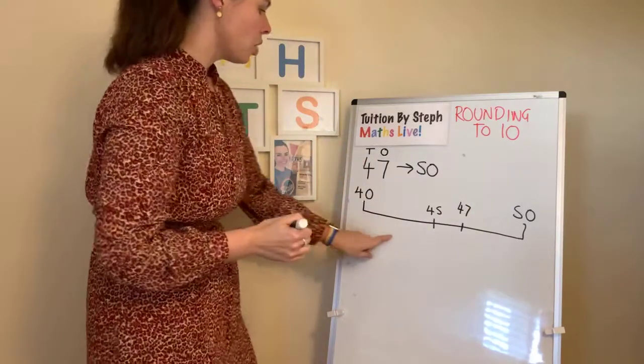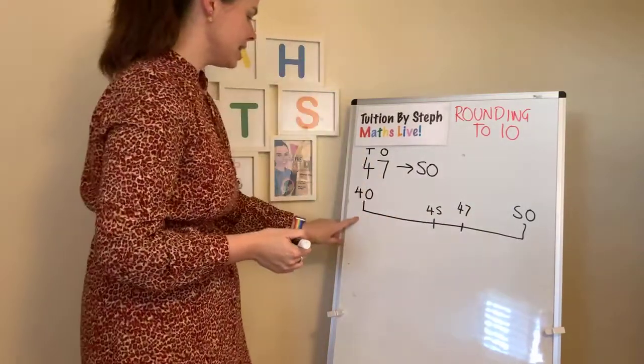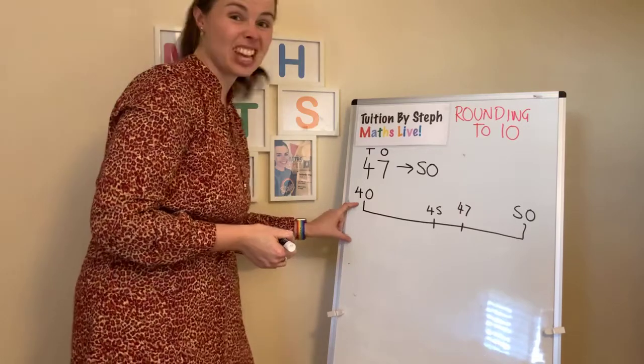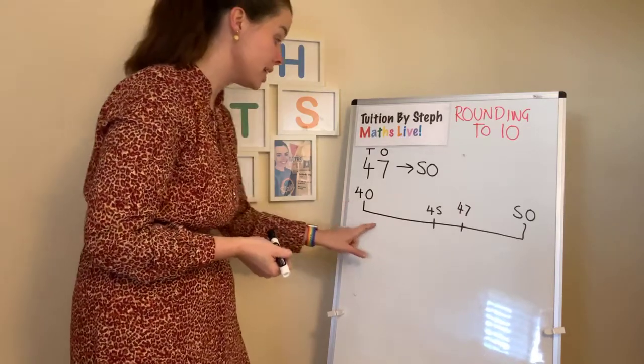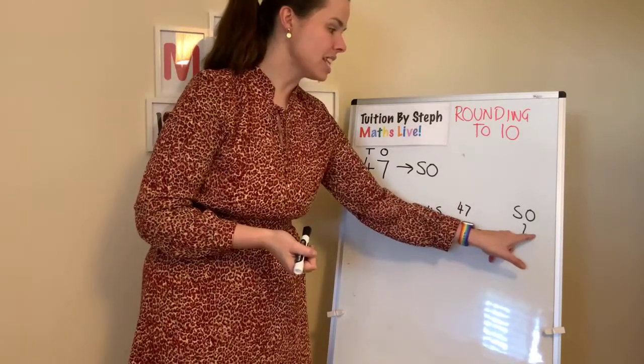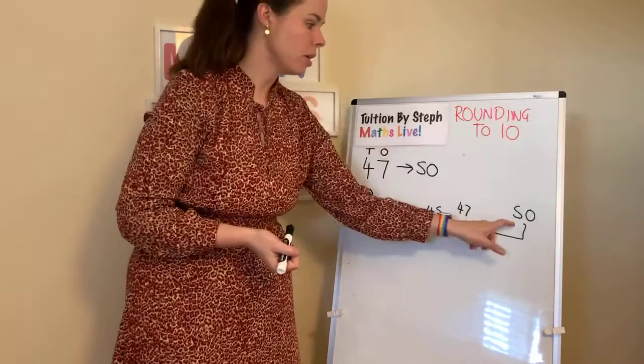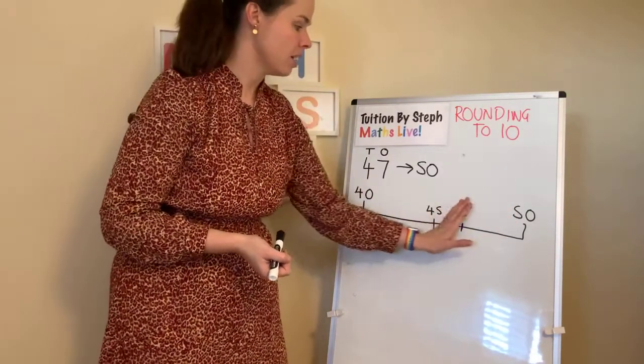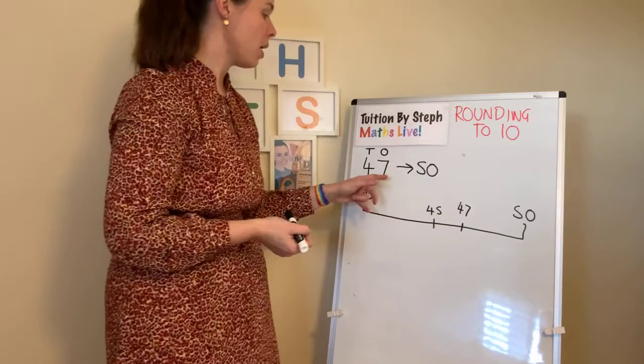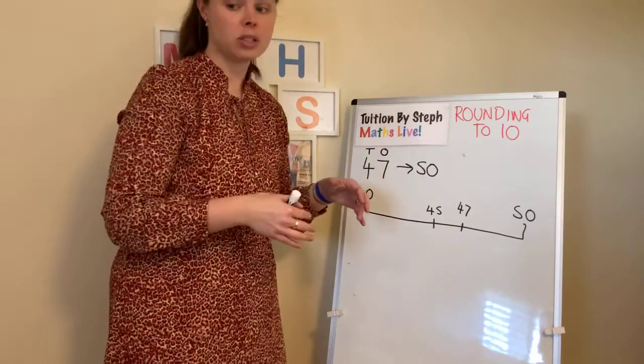So if you look at which 10 it's nearer to, is it nearer to the 10 that it's currently in, which is the 40s, or is it nearer to the next 10 up? It's nearer to 50, okay? So we round 47 up to 50.